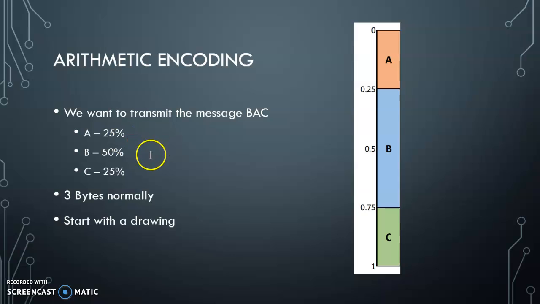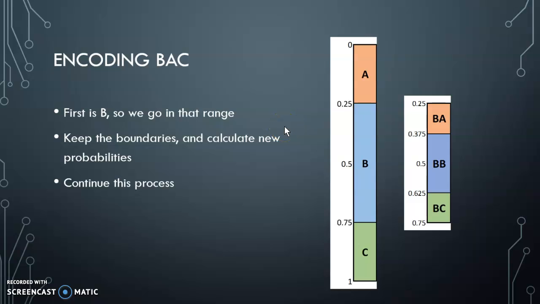To do arithmetic coding, at least to understand it, it's simplest to start with a drawing. So you can see here on the right, I have drawn to scale the A, B, and C in a bar, much like you did when we first learned fractions, most likely. Next, we want to go inside the B range, because that's the first thing we're encoding.